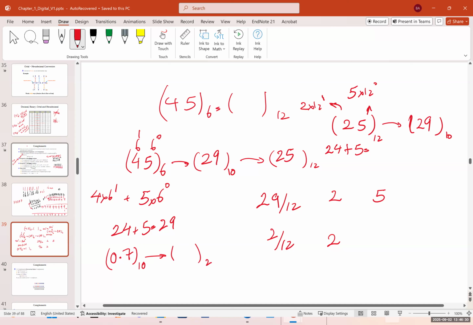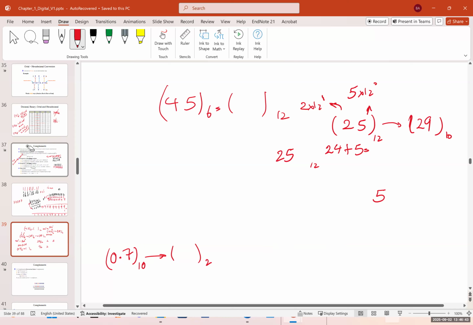Can you help me with this? What would the result be?